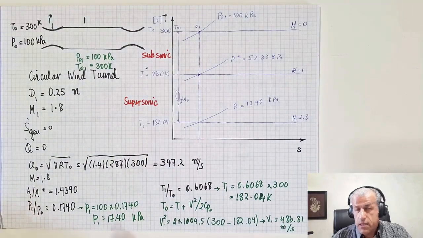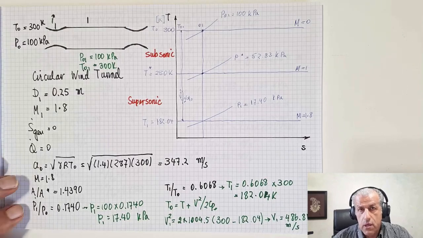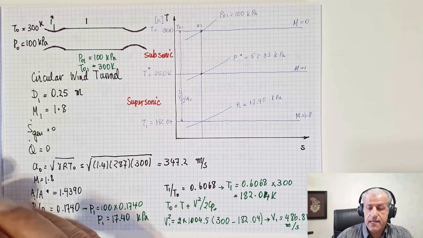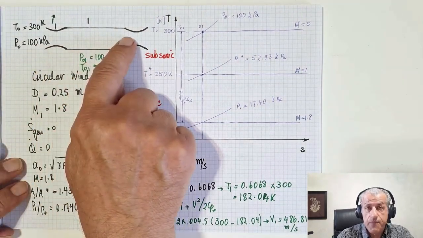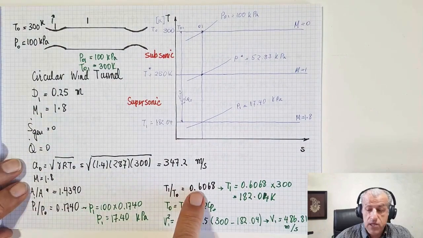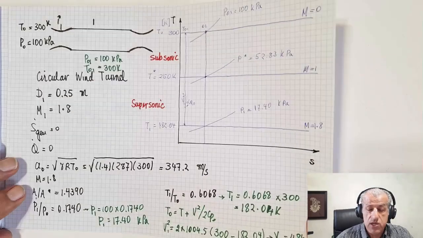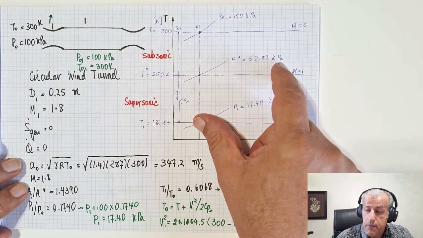You see, it's a very, very important point if you gain the capability to translate all these physical descriptions to these equations that I have shown you here, and also interpret all of them on this diagram.